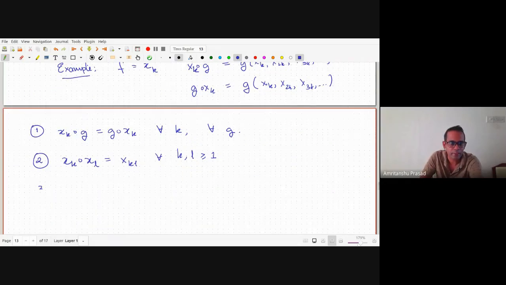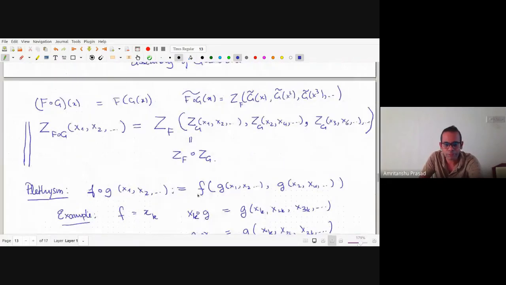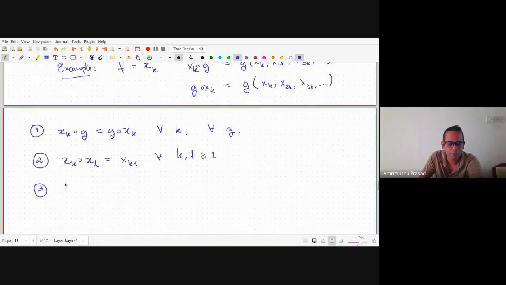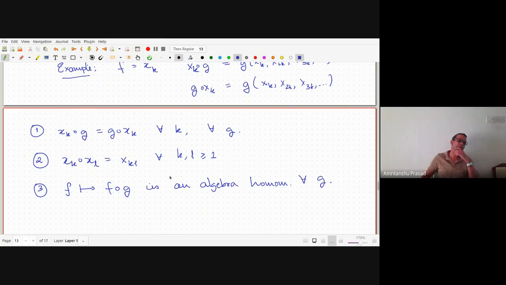Because F is occurring on the outside, F goes to F circle G is an algebra homomorphism in the argument F. That means it respects sums and products for every G. These three rules completely determine plethystic substitution.